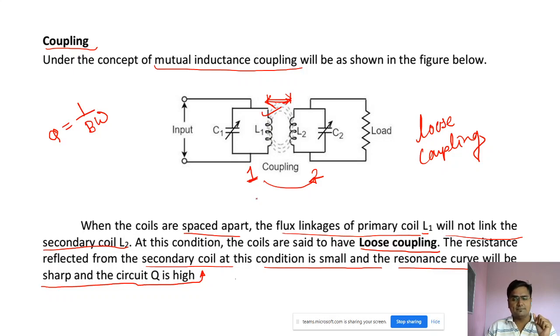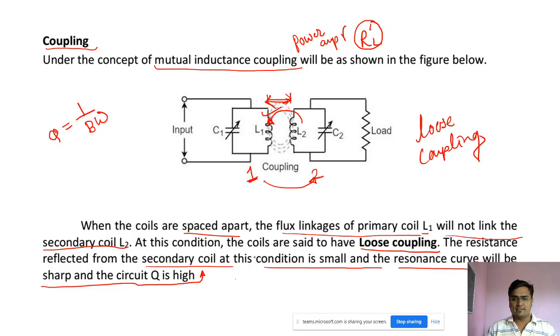What happens if I have loose coupling? The resistance reflected from the secondary coil into the primary coil L1. You know that reflection of resistance. We have studied this reflection under the chapter power amplifiers, I think. When we started with power amplifiers, we had a discussion about RL and RL dash. That RL dash I'm talking about now is the reflected resistance, is it?